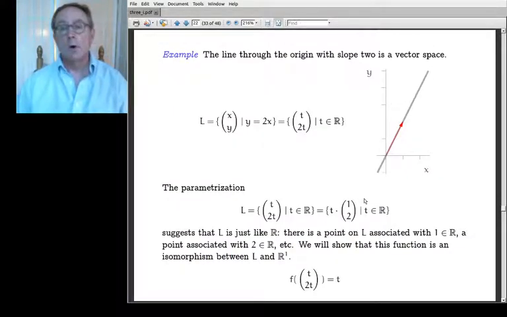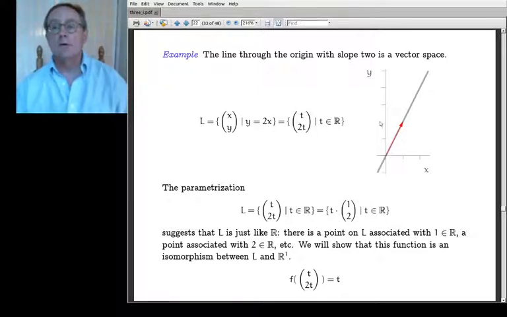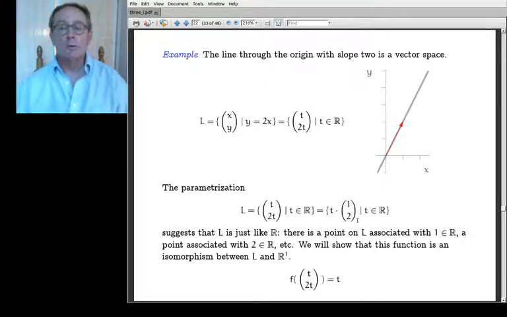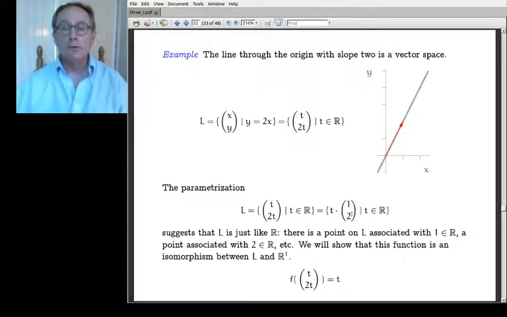Okay, one last example. Here's a line through the origin with slope 2, y equals 2x. That's a vector space. If you parameterize it, it's all multiples of (1, 2). We've done this many times. What that suggests is that the line L is somehow just like R. There's a point on L associated with 1, namely 1 times (1, 2). There's a point on L associated with 2, namely 2 times (1, 2).